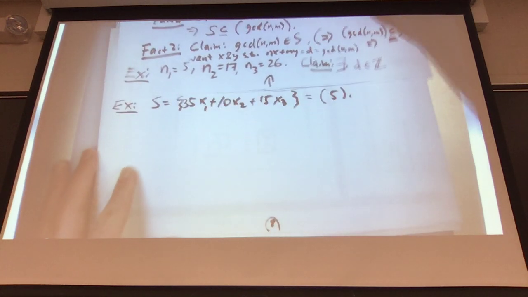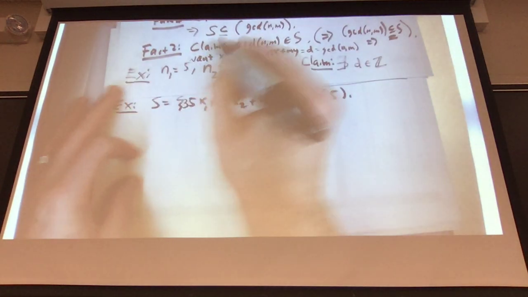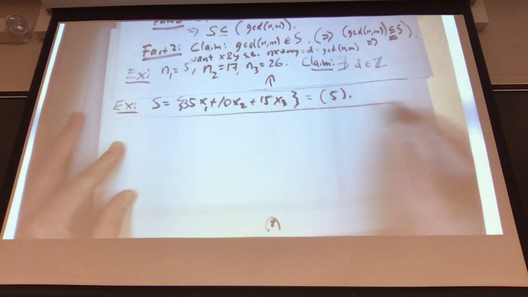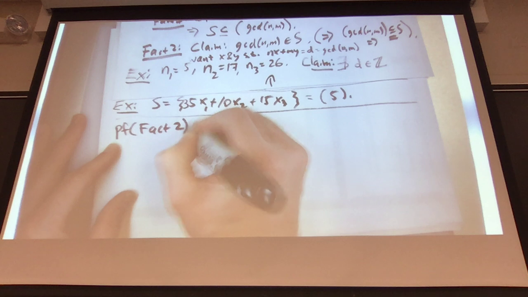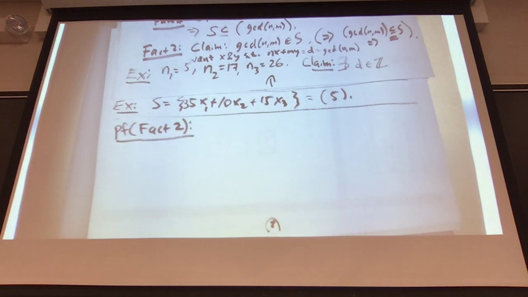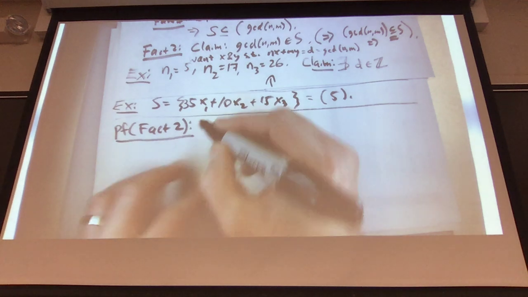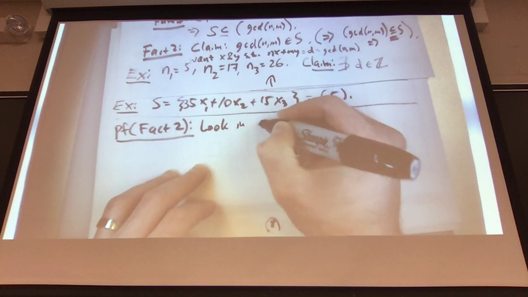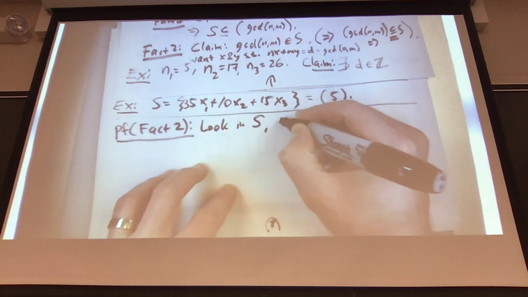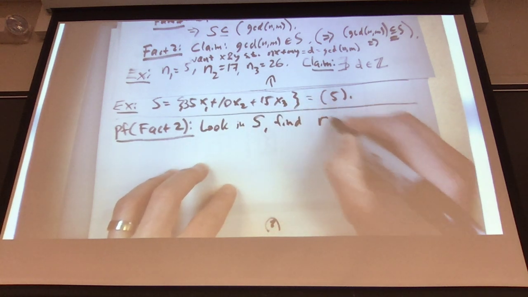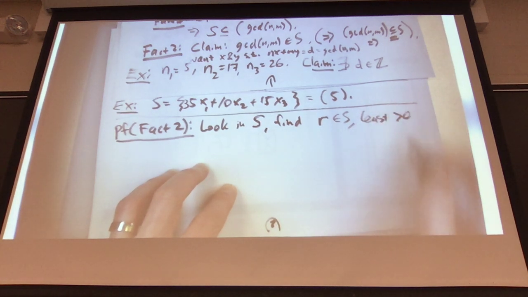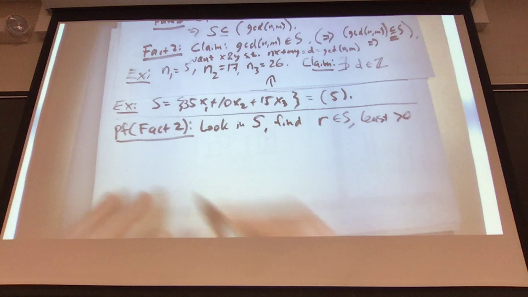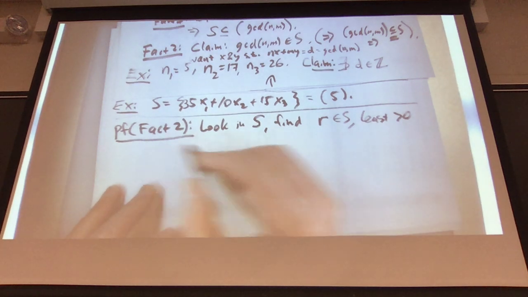And the proof, so proof of claim, this is fact 2. So let's go back to fact 2. Proof of fact 2, or claim 2. Look at the set of integers that are in S. Look in S. And find, let's call it R in S, which is the least strictly positive element.